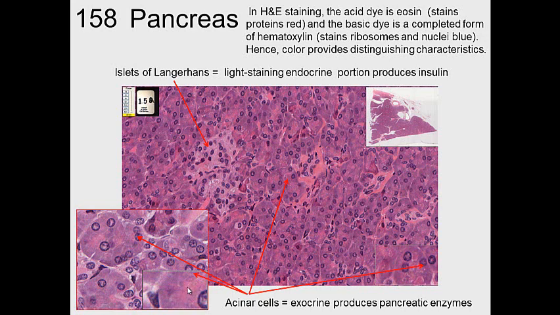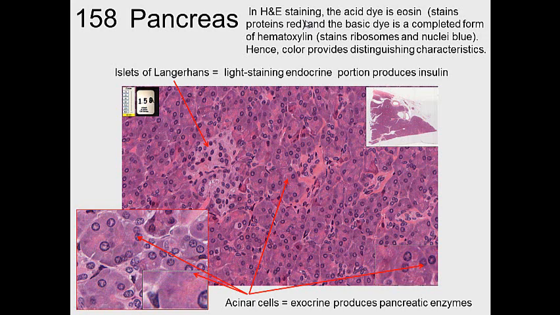They're the enzymes. And the basic dye is hematoxylin, and it stains ribosomes and nucleic acid, the nucleus, blue. So here you see the blue nucleus, and the bluish tint to the cytoplasm is due to the high density of ribosomes in the rough endoplasmic reticulum.